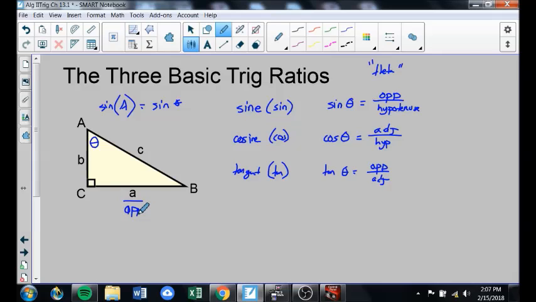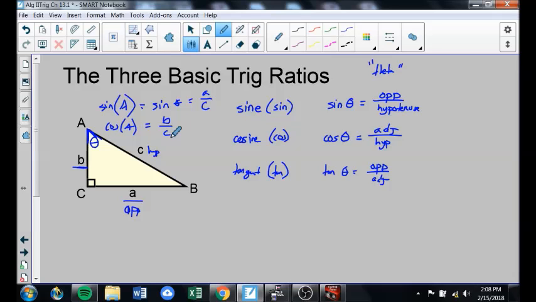So the sine of angle theta would be side A over side C, because this is the hypotenuse. And the cosine of angle A, well this is the adjacent side to this angle. So adjacent means it's the side touching the angle, but not the hypotenuse. So the cosine of angle A is side B over C.